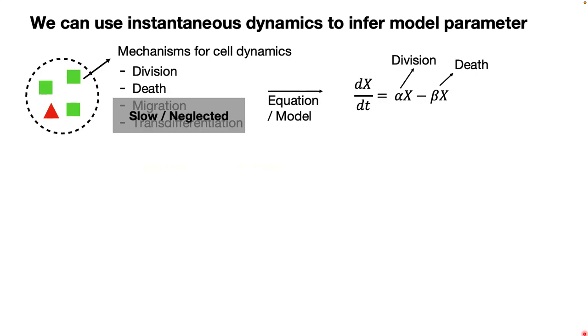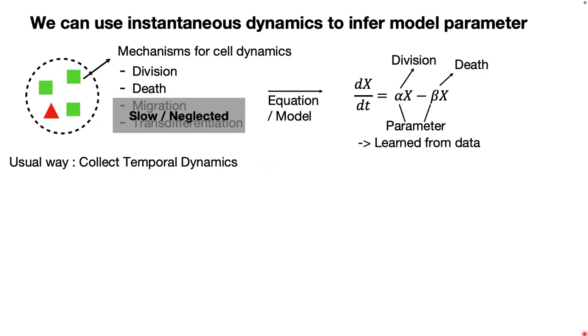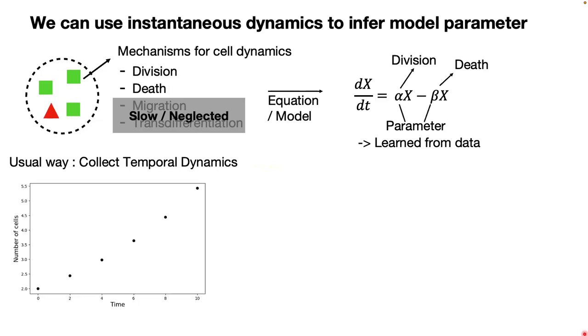What we usually do with this model is infer the parameters, alpha and beta, which should be learned from the data. A very usual thing we do is collect temporal dynamics because we want to know the dynamics of the data. So we have each data point here, and then we fit the data to know alpha and beta.